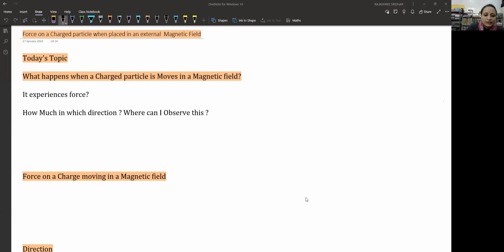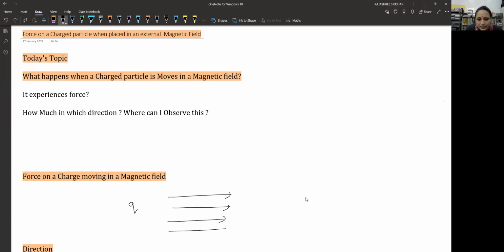Okay, chalo. So I share my screen here. We have a charged particle, which I take as Q. It is placed in an external magnetic field.